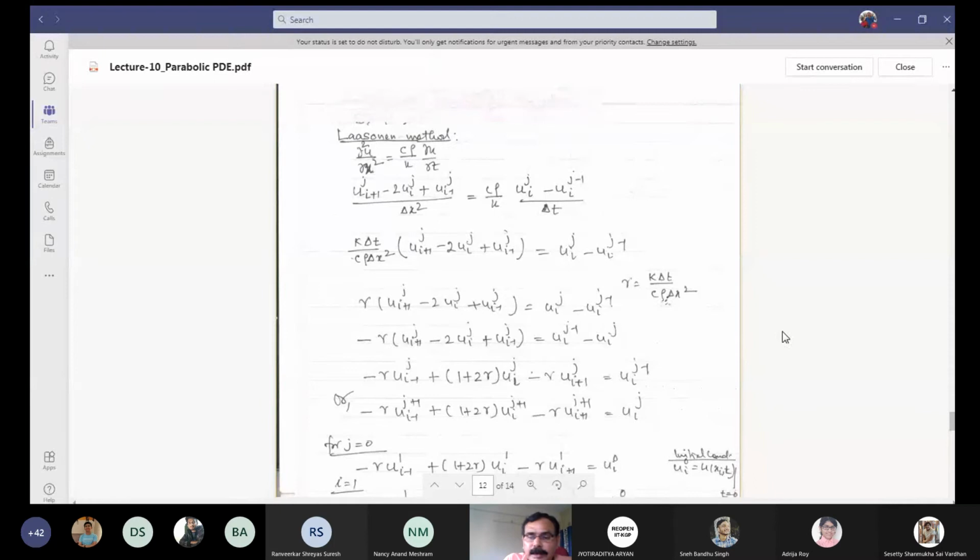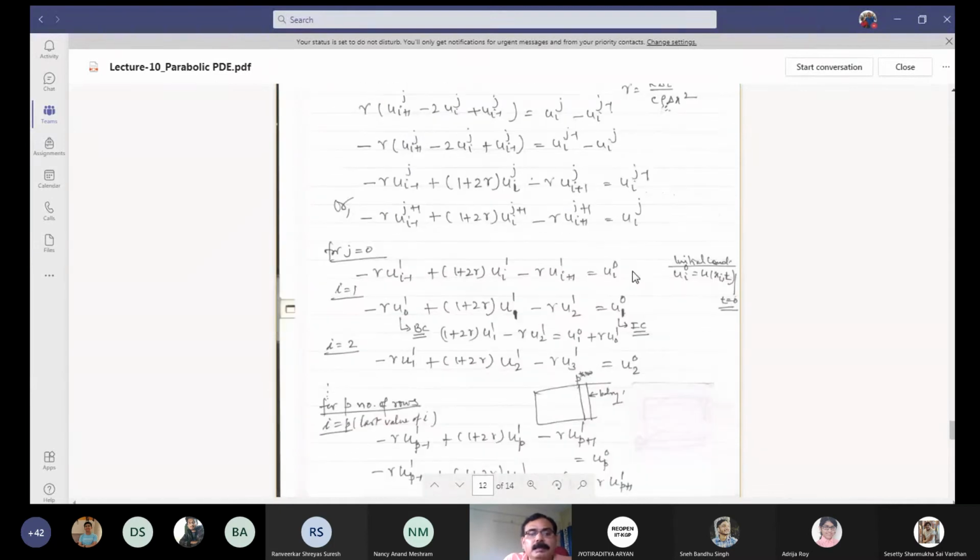The scheme you will get will be of the following form: minus r u i minus 1 j plus 1 plus 1 plus 2r u i j plus 1 minus r u i plus 1 j plus 1 equal to u i j. Previously, at j, you would get minus r u i minus 1 j plus 1 plus 2r u i j minus r u i plus 1 j equal to u i j minus 1.